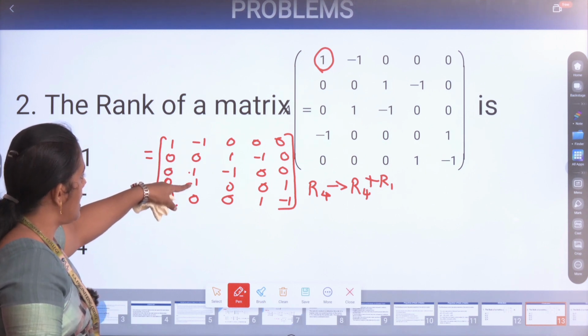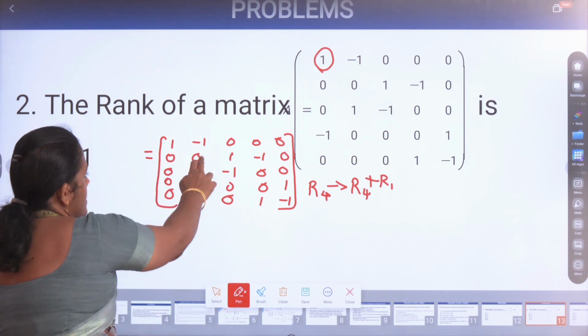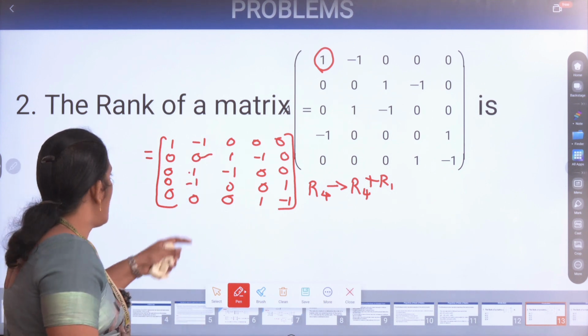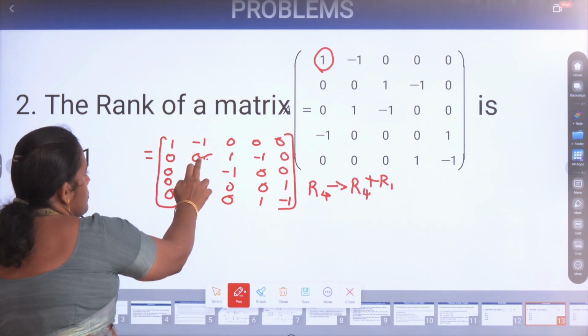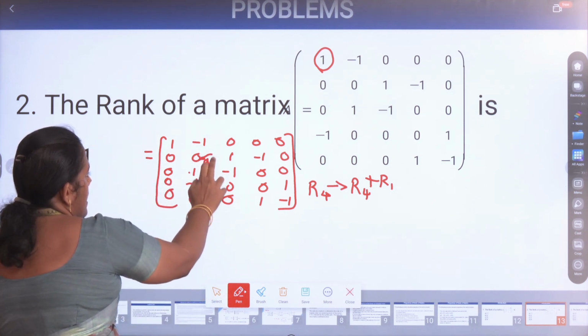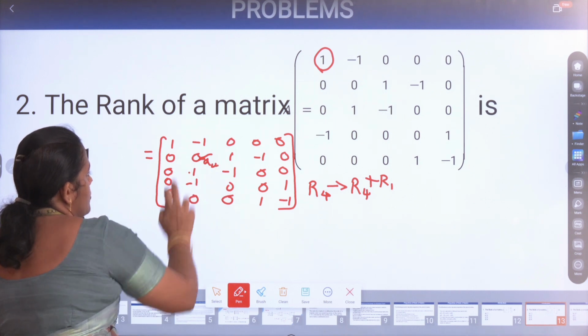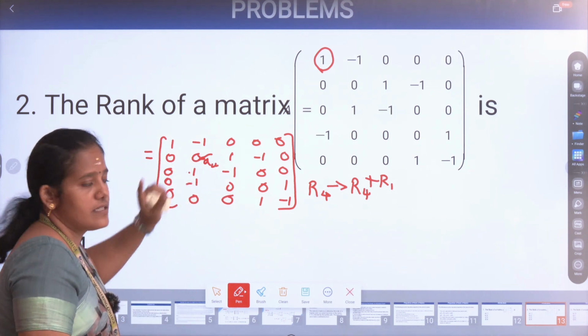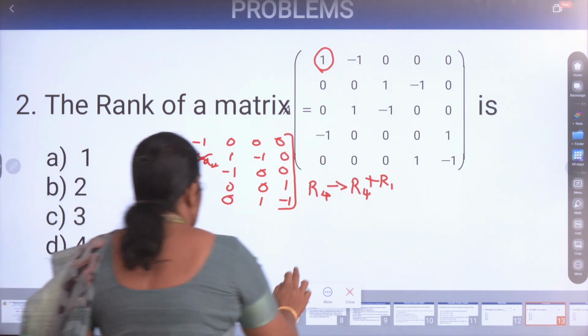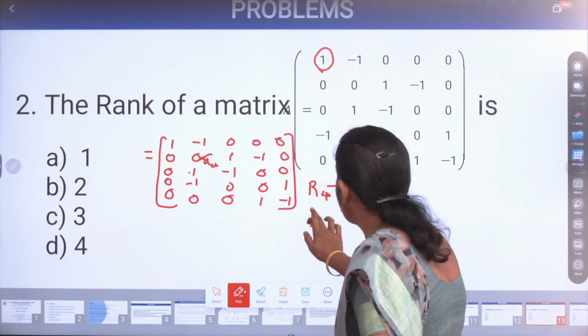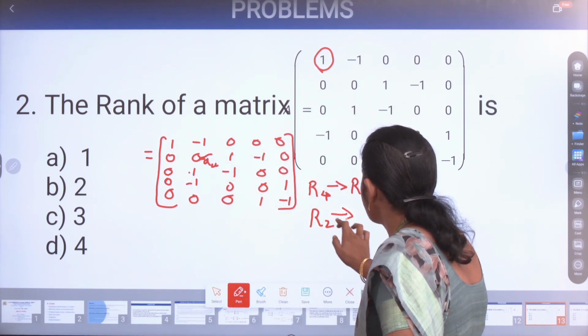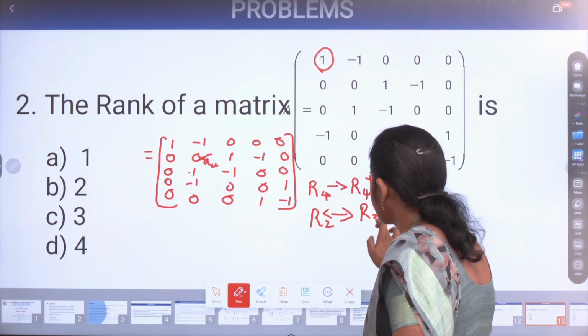So this element tends to 0 based on R2, but in the second row the value is a 0 element. So rearrange the rows, R2 replaced by R3.